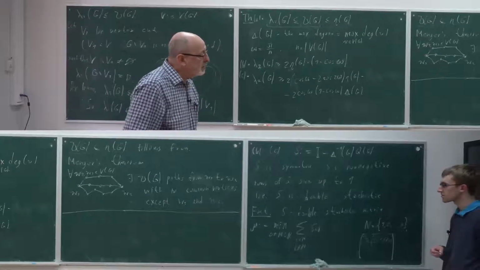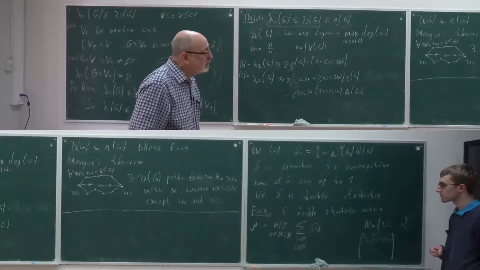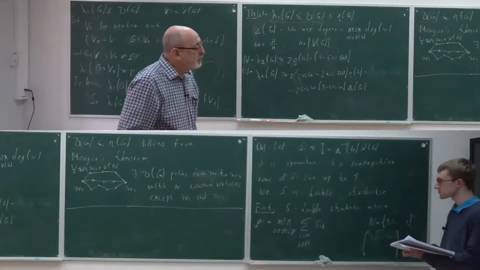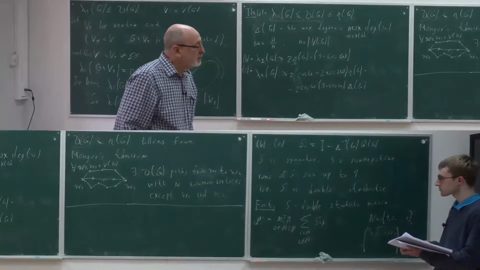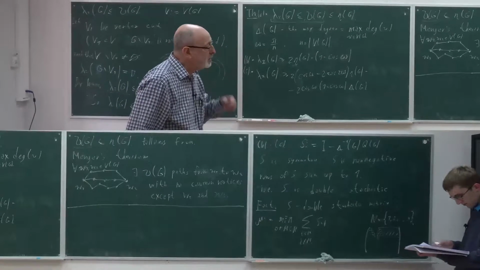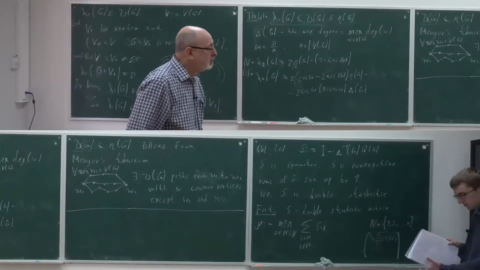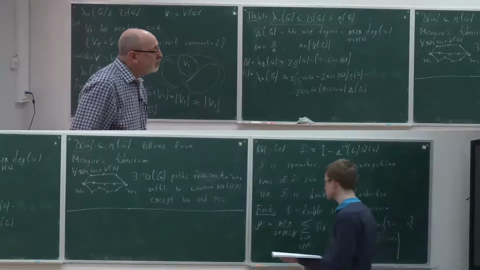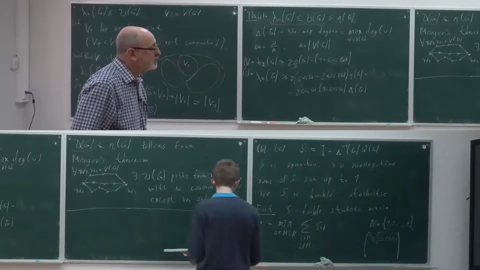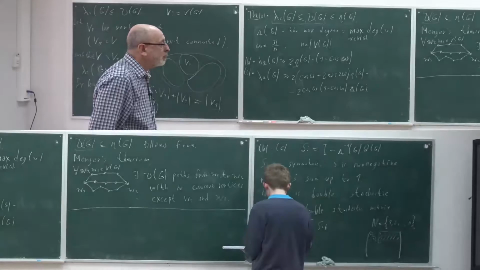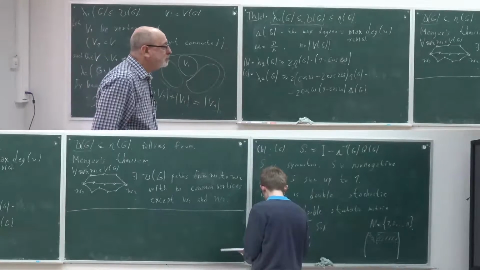For such a submatrix, we compute the sum of its entries, and take the minimum of all such sums. And denote this minimum by mu of S, yeah? Yes. Mu of S.